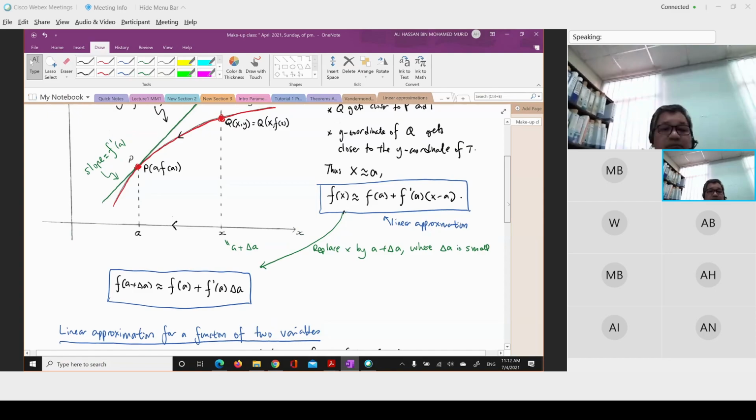And the equation of the plane is given by this formula here.